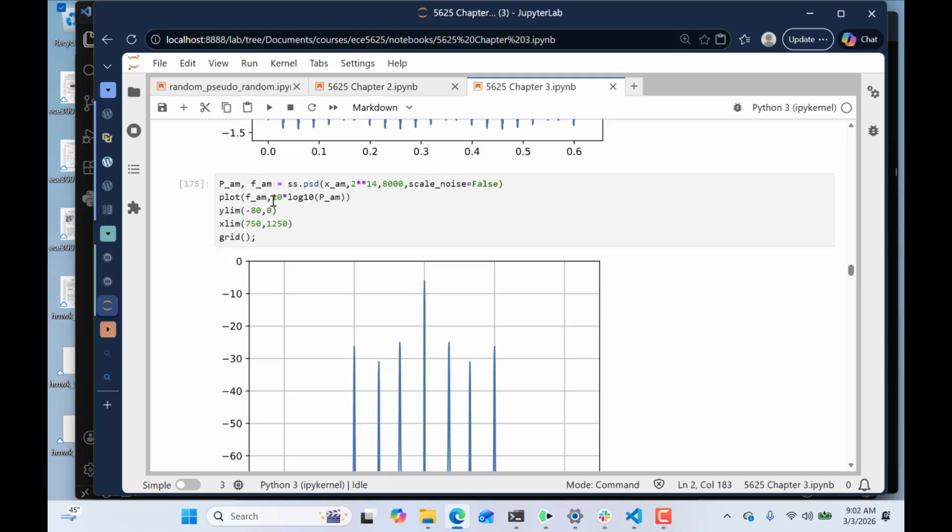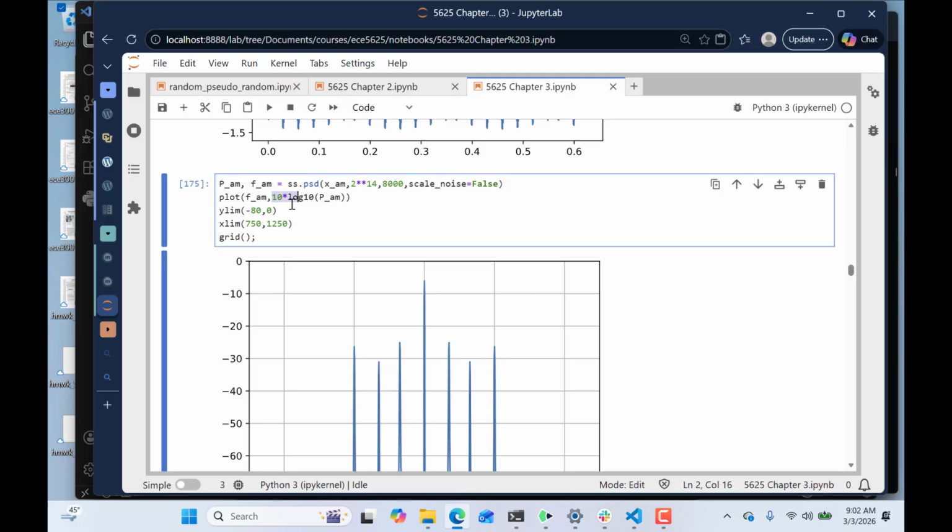If I was to take this out of here, let's do this. Just temporarily take that away and just put PAM in here. Then it's going to screw up the scaling, but I'm just going to throw it in here and see what happens. Chances are I'm going to have to change that.